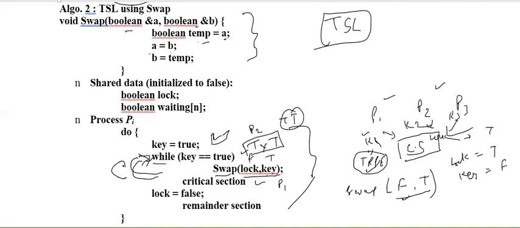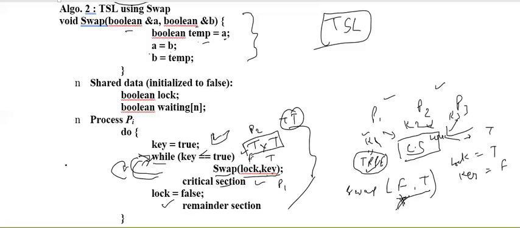So it will loop indefinitely until the other process leaves the lock. When the P1 process has completed its task, it will make the lock false. And when it makes the lock false, any one process will get a chance for swapping, and because of that swapping, the key of that particular process will become false and that process will enter into the critical section.